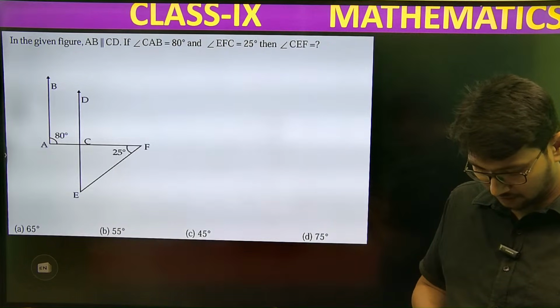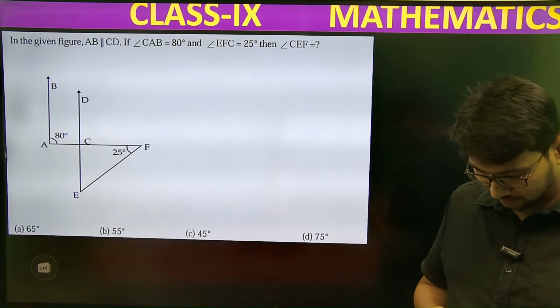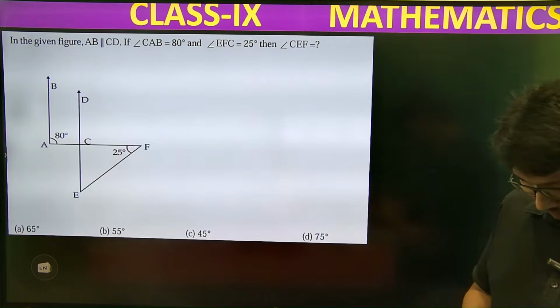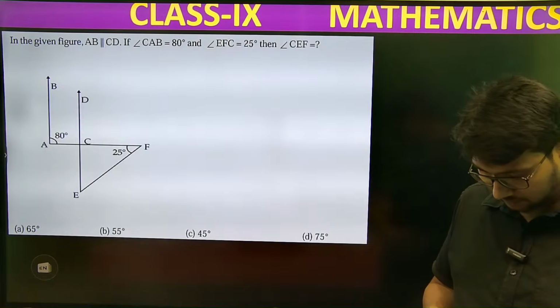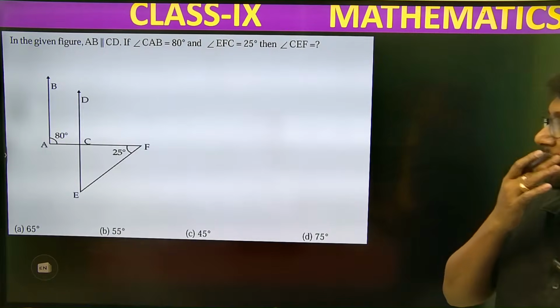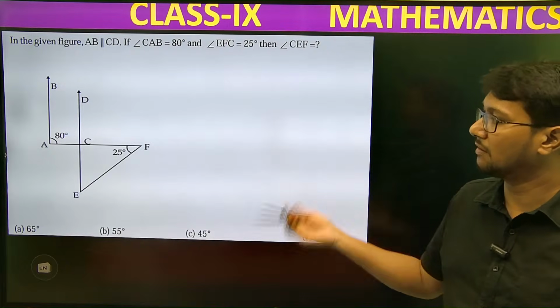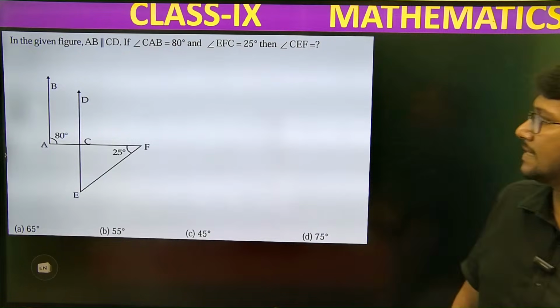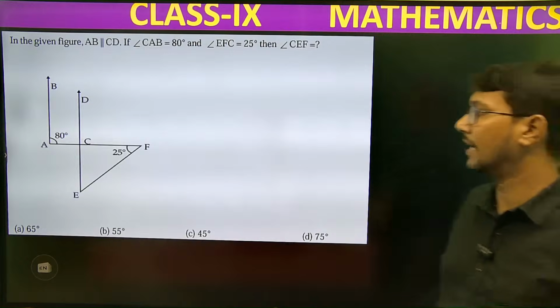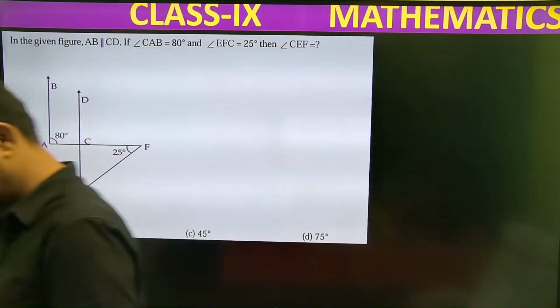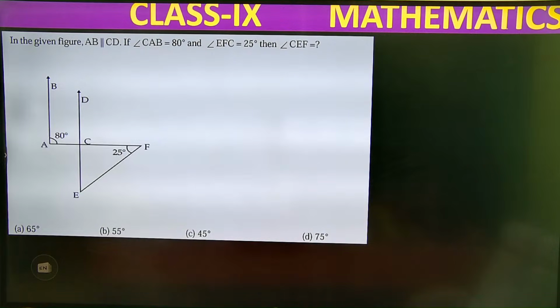Okay, let us see whether you have given the correct answer or not. Solve it, then after that I'll solve. It is asking to find angle CEF. Check, where is CEF? CEF angle.